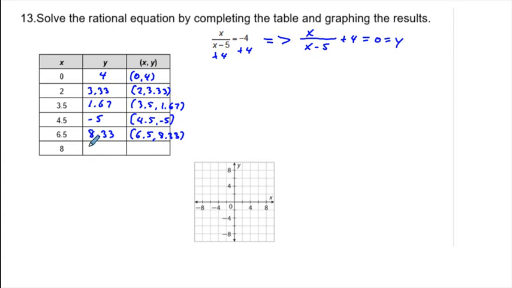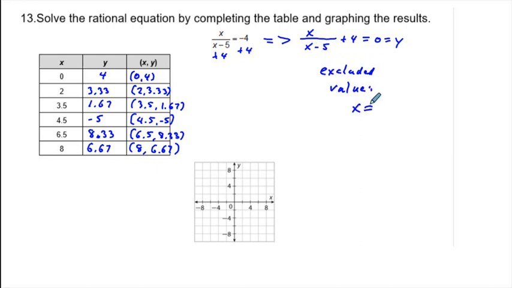And then for 8, we plug in 8, we're getting an output of 6 2/3, or decimalized, 6.67. So our coordinate pair is 8, comma, 6.67. And then our excluded value is x cannot equal 5.